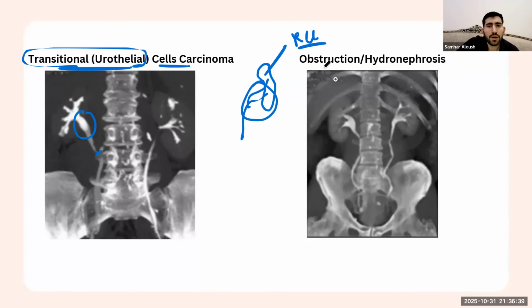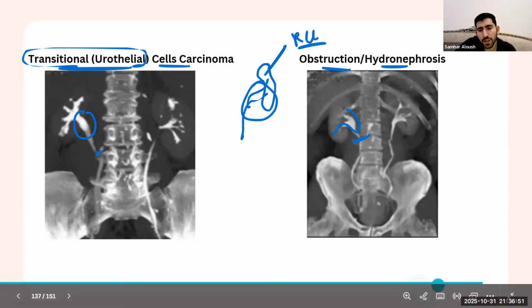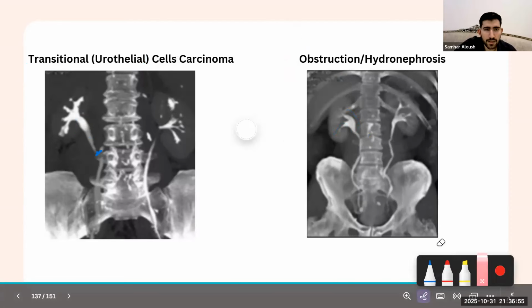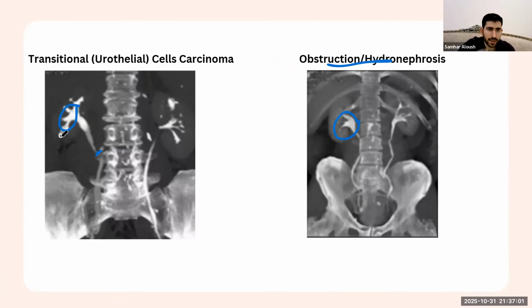Okay. Here also we have obstruction or hydronephrosis. The ureter is obstructed, and so we have hydronephrosis. You know, the pelvis is enlarged. Now I want to ask you how to differentiate between transitional cell carcinoma or obstruction hydronephrosis, because both will cause the pelvis to be enlarged. You look at the ureter itself.